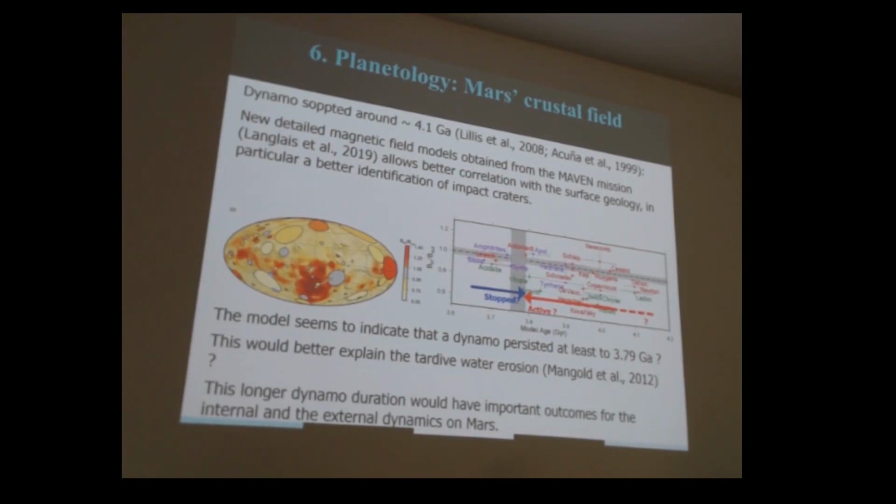So this question is not resolved, but the timing of the extinction of the dynamo of Mars is not resolved either. But it has been thought that the dynamo would stop around 4.1 billion years, which is not a long-lasting dynamo.